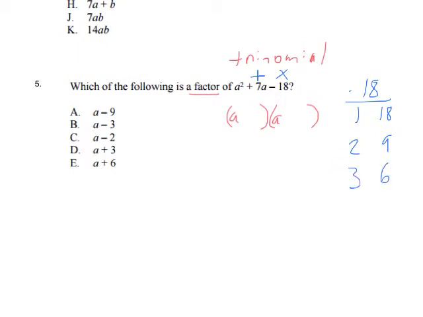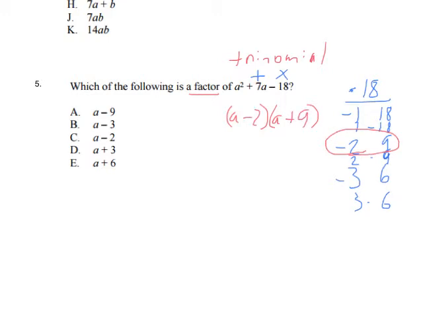Multiply to be negative 18, such as 1 times 18, or 2 times 9, or 3 times 6. I think that's all my choices. But since it's negative 18, that means you get these versions as well. And at this point, we can see which pair we're looking for. It's this pair. We're looking to make positive 7, which is those two numbers right there. So, negative 2 and positive 9. Now here's the weird part.